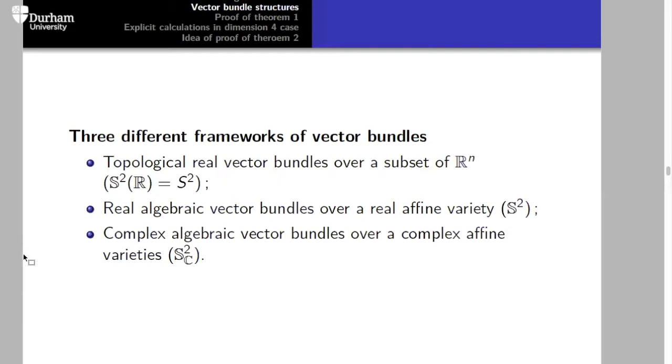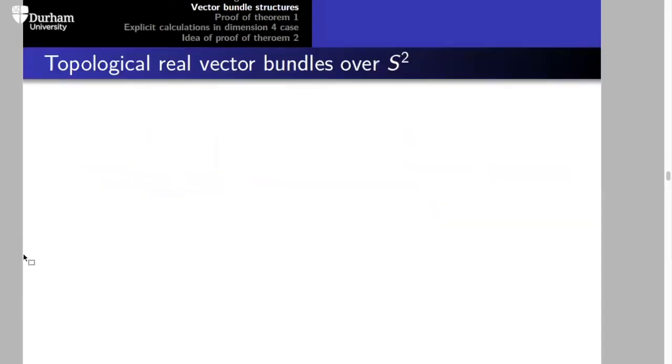And complex algebraic vector bundles over a complex affine variety, in my case, its complexification, S_C^2. And we will be comparing these notions to find infinitely many different objects. Let's start with topological real vector bundles over the sphere.